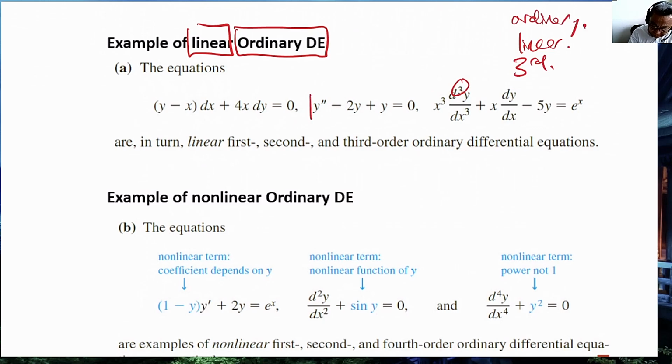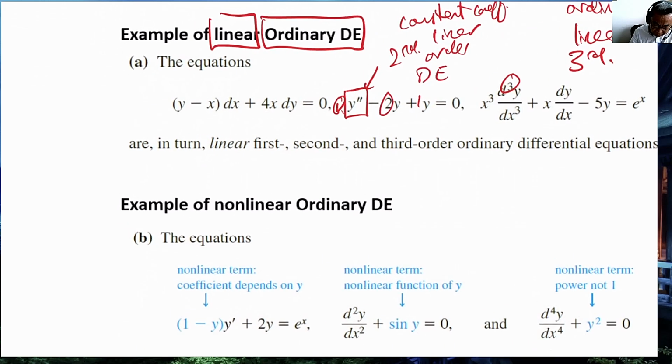Alright, what about this guy? This guy is easy. This is second order due to this double prime here. The expression in front of this differentiation is constants, and here is 1, here's 1, so this is constant coefficient. Linear second order differential equation. How about this guy? This is y dy/dx.